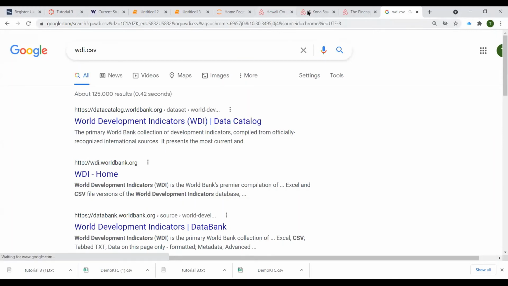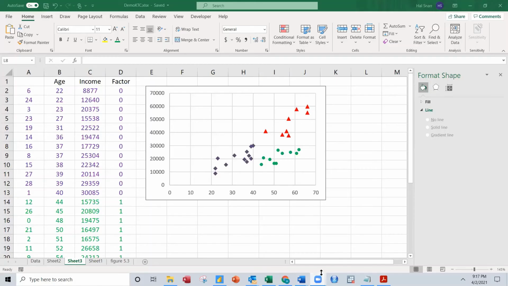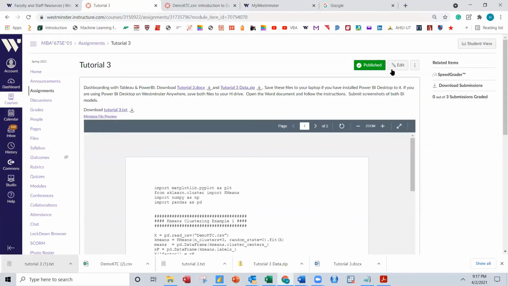All right, we don't want to download that. So what I'll do is I'll load the WDI folder. That's easy. I'll just do that right now. So let me go to Canvas and edit.